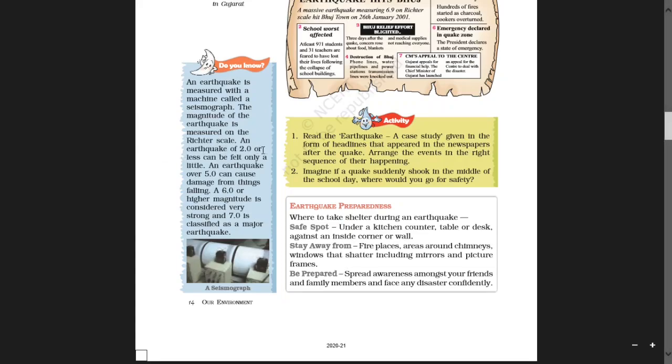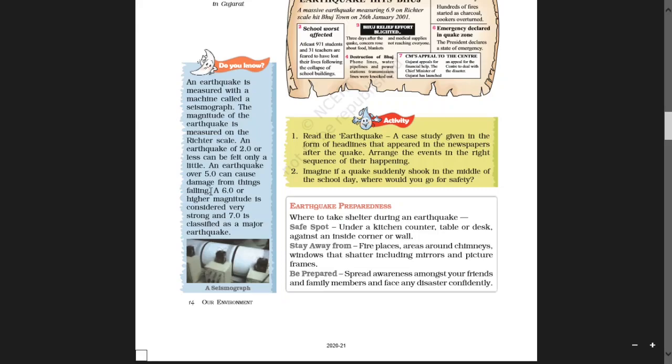An earthquake of 2.0 or less can be felt only a little. If its movement is 2.0 or less, it can be felt only a little. An earthquake over 5.0 can cause damage from things falling.